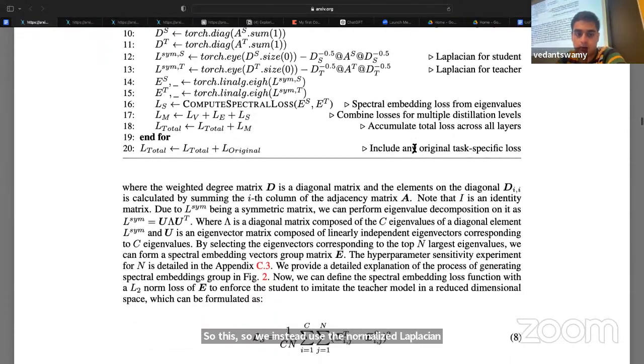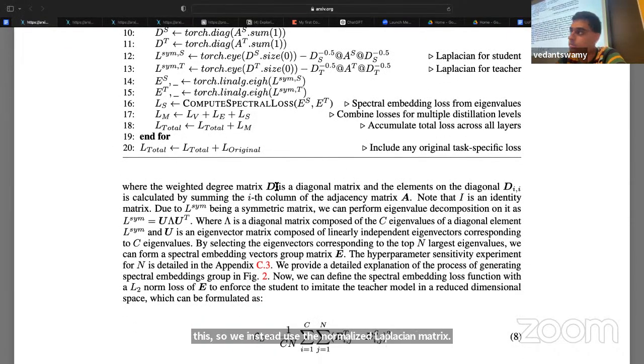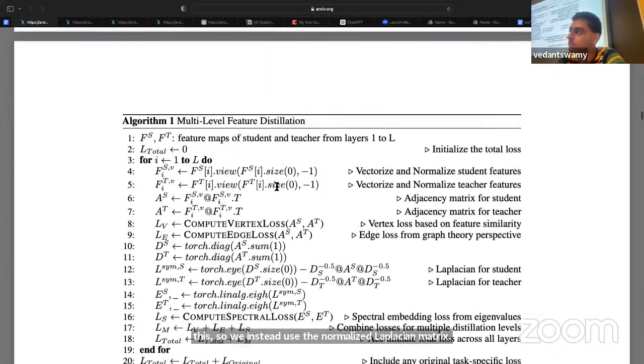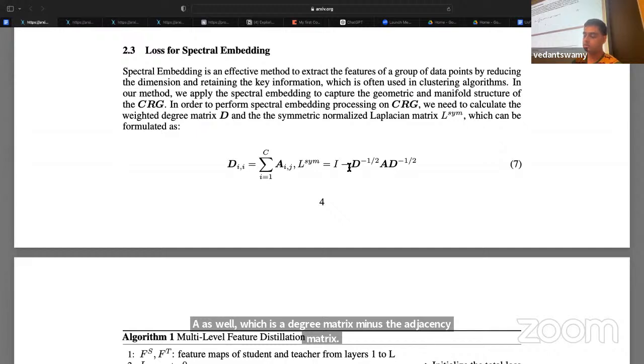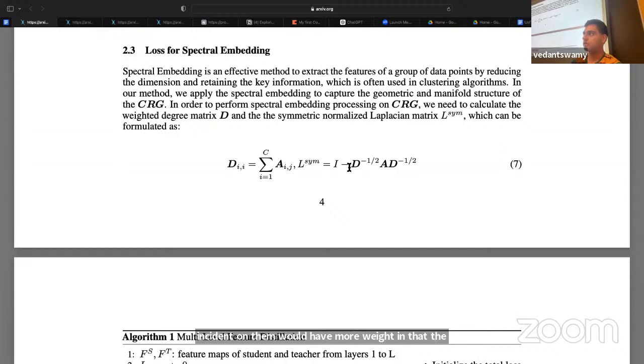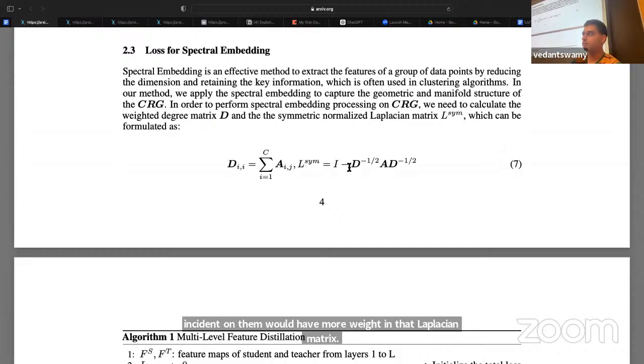Are there any other forms of equation used as well, or is it just this one? Right, like I said, we can use L equals D minus A as well, which is the degree matrix minus the adjacency matrix. But in that case, nodes which have more edges incident on them would have more weight in that Laplacian matrix, and we don't want that to happen.